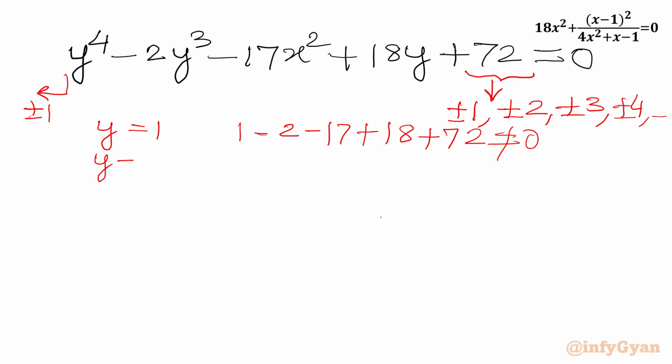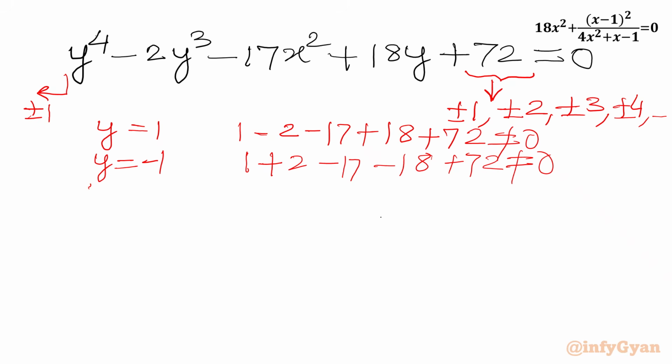Now we will check y equal to −1 also. So we'll write here 1 − 2 times −1, plus 2, −17 times 1, −17, −18, plus 72. No, it is not satisfying the equation.